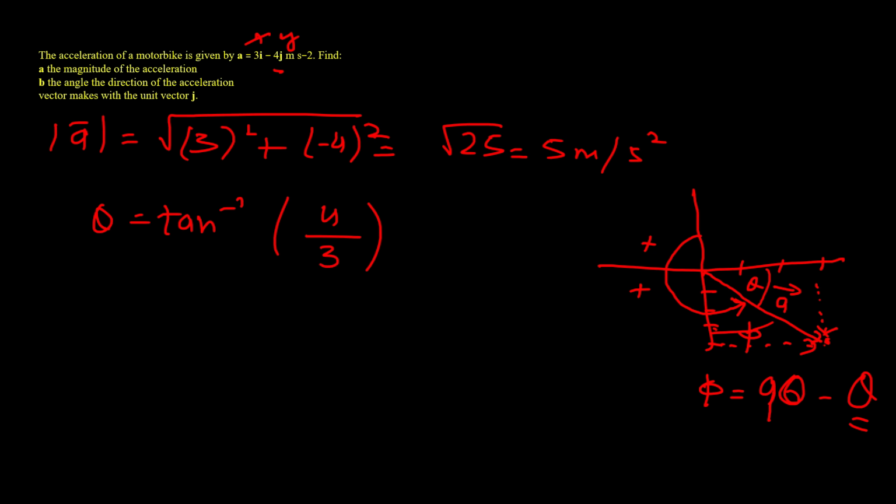We can use the negative notation, but since we have already drawn the vector, we simply take whatever the value of this is and put a negative sign with it.